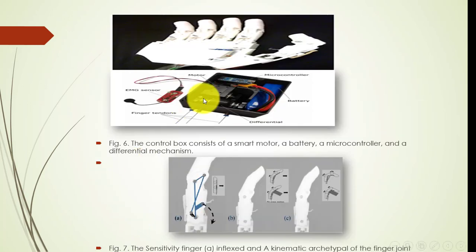This system consists of the engine and the EMG sensor.